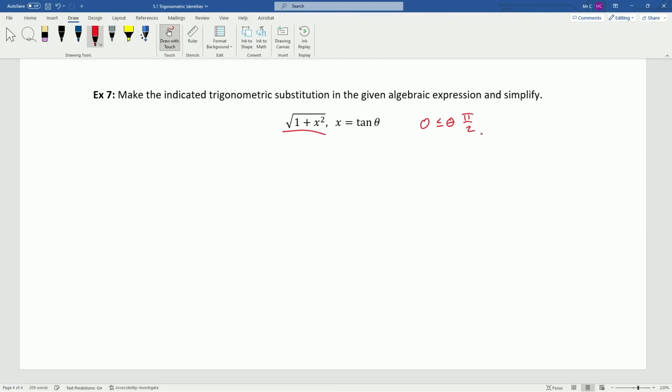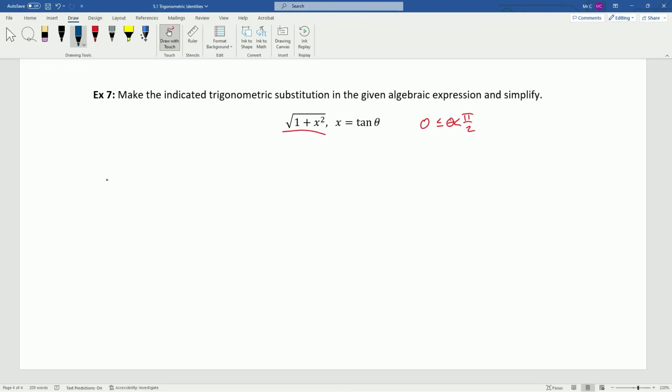Just to ensure that tangent of theta is positive, because we're going to take a square root. Well, it's really going to ensure that secant of theta is positive. Anyways, point being, when we take a square root, it'll ensure we're taking the square root of a positive value, and that the answer we get is going to be positive. So that little condition should have been in the statement of the question as well.